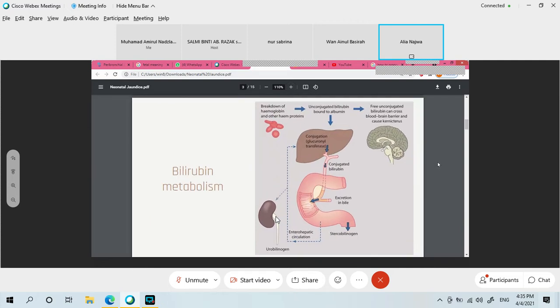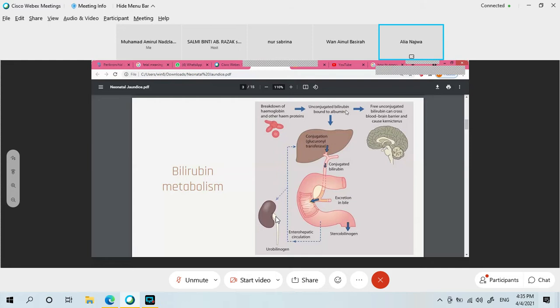Alright, so before we go to the other parts of the presentation, let me briefly explain the bilirubin metabolism. It starts with red cell breakdown, which releases hemoglobin, and then the hemoglobin is further broken down into heme and globin. Then the heme is converted into unconjugated bilirubin or indirect bilirubin. It is the same thing. It is lipid soluble but water insoluble.